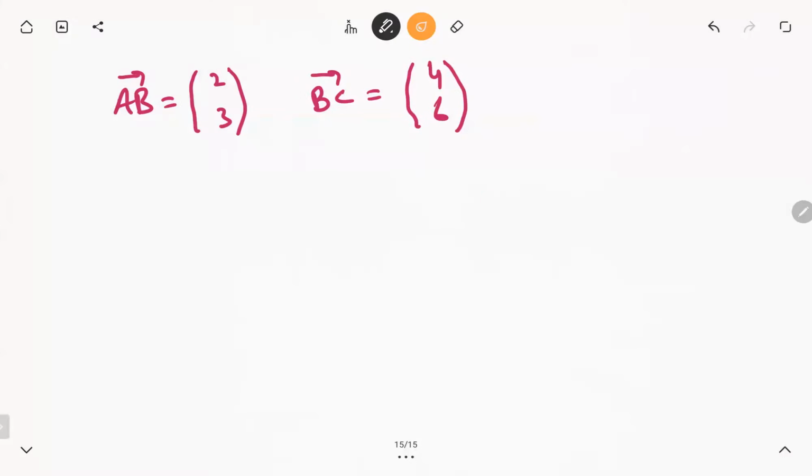Why, Shamir? सर, AB, B पर एंड हो रहा है और दूसरा वाला BC जो है वो B से शुरू हो रहा है. दोनों में एक पॉइंट कॉमन है. अगर देखें B भी दोनों में आ रहा है. जब कॉमन पॉइंट है तो पैरेलल कैसे हो सकते हैं फिर?